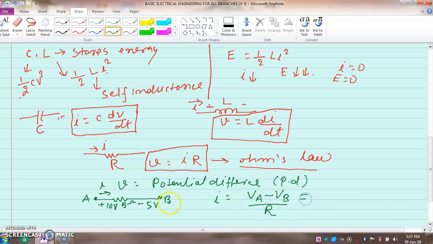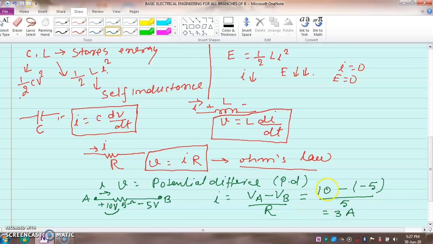Potential at A is 10 volt positive, minus potential at B, which is minus 5, so you write minus of minus 5, divided by 5. So it becomes 3 ampere.